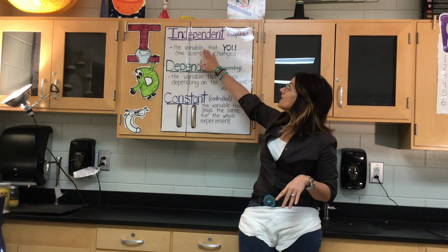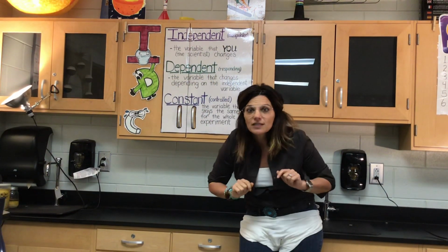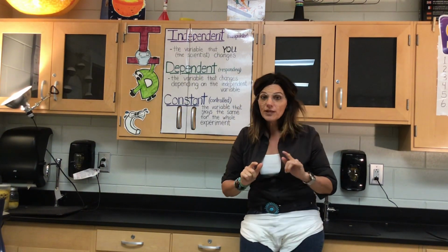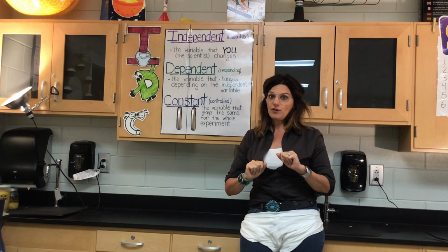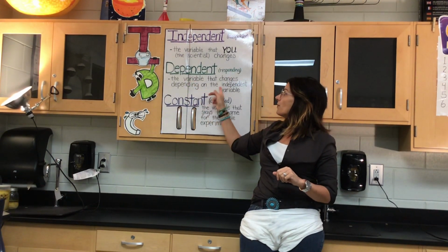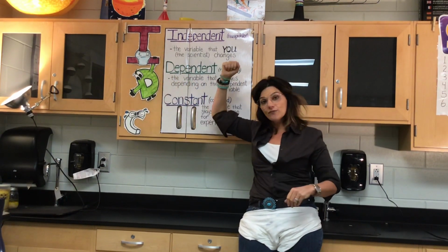The independent variable is the variable that you, the scientist, change. So if you are actually doing something, that is the independent variable. The dependent variable changes depending on what this guy's doing, hence hanging on for dear life.